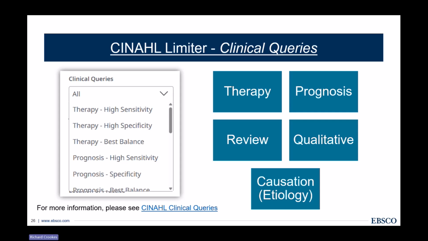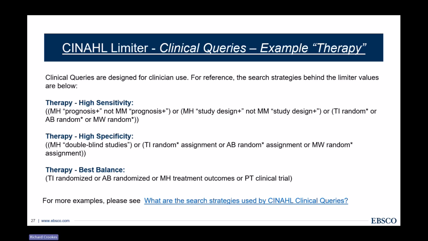If, on the other hand, you're looking at the most targeted search to include only the most relevant results set, then you've got high specificity, but then you've got the best balance between the two as well. So that's for CINAHL. And to give an example of the search strategy that sits behind these clinical queries, you'll see they're clearly designated, and there's the FAQ on the EBSCO Connect portal, which details the actual search syntax used to find therapy-related articles, whether it's high sensitivity, high specificity, and so on.